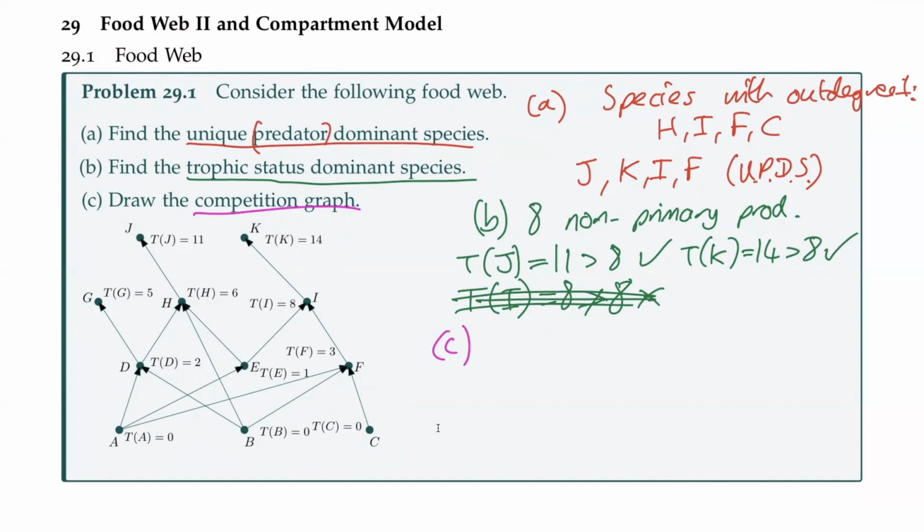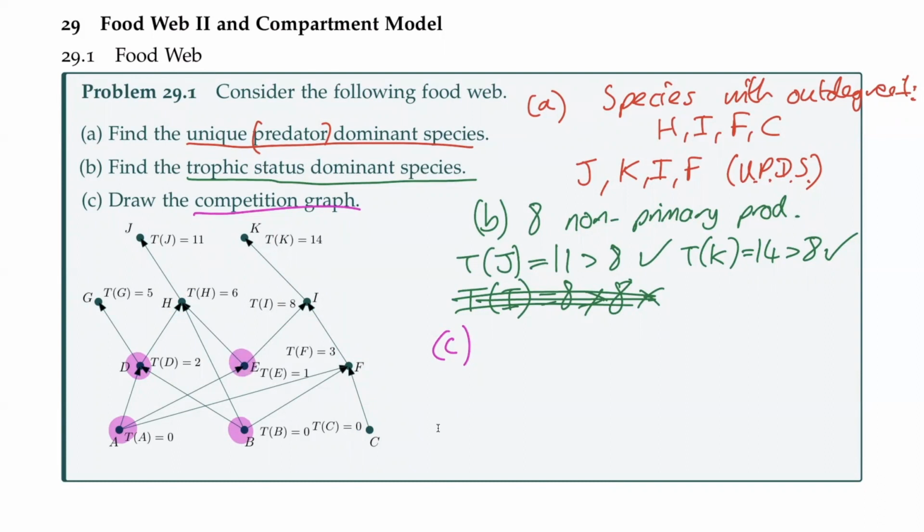So what does it mean for a species to be competing for food? Well, we need to look for all species that have out degree of 2 or more. So let's see, A has 3 arrows coming out of it, B has 3 arrows, C only has 1 arrow coming out of it. So we're not going to be having any competition between species for food source C. D has 2 arrows, E has 2 arrows, F only has 1 arrow coming out of it.